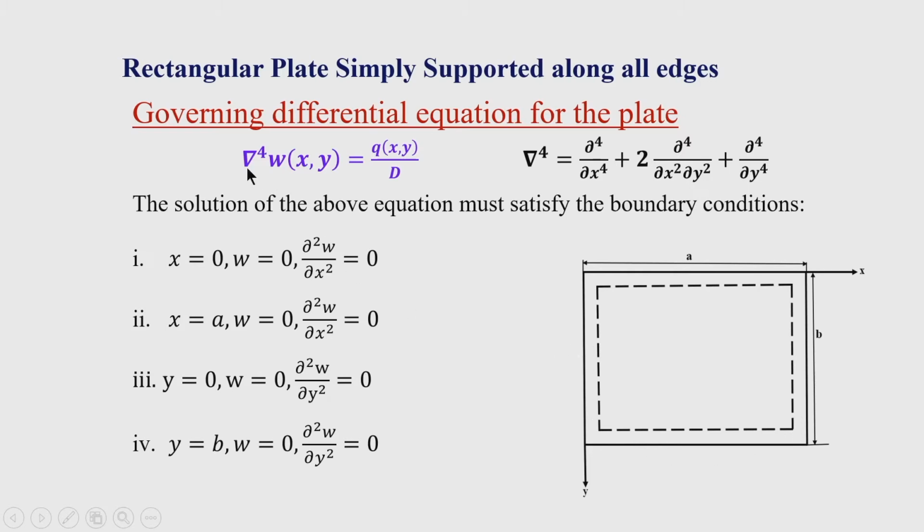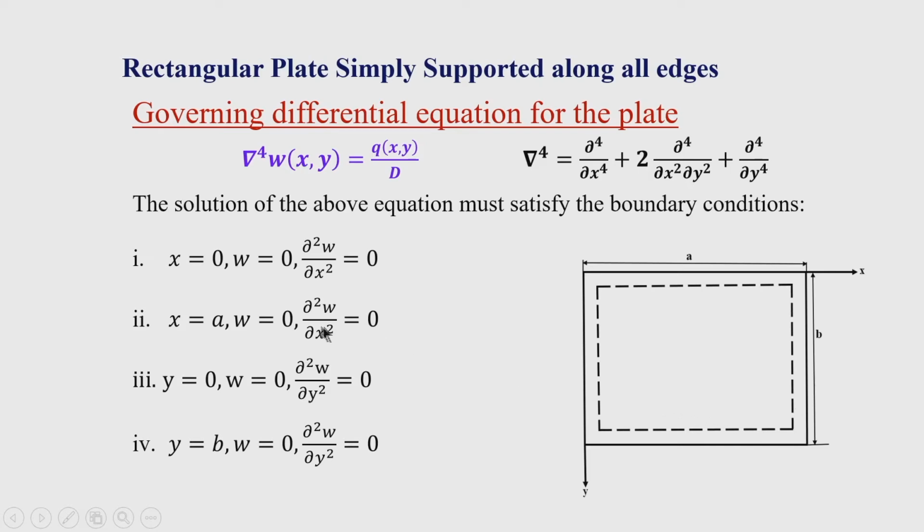Now, here del 4 is the operator given by del 4 divided by del x 4 plus 2 del 4 by del x square del y square plus del 4 divided by del y to the power 4. We consider a simply supported plate, length is a and breadth is b.